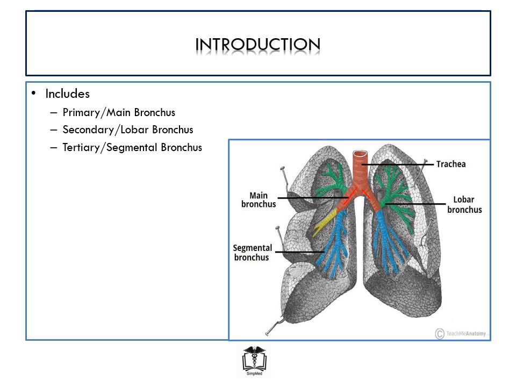And then the secondary bronchi further divide into smaller bronchi as shown here. These are the tertiary or segmental bronchi, and these bronchi would eventually become the bronchioles after they subdivide within the lungs.